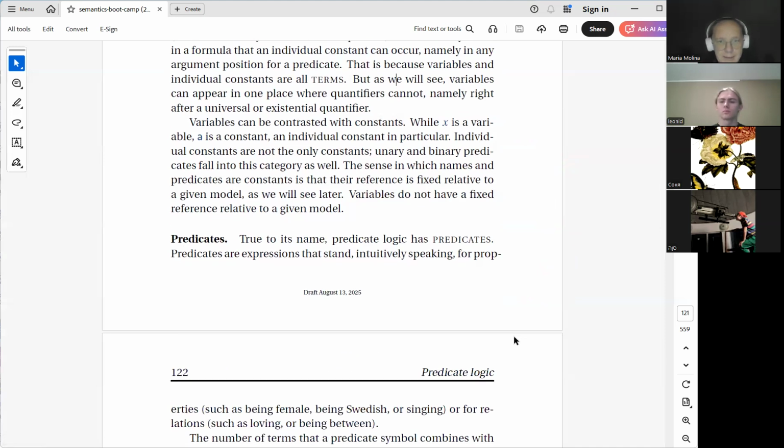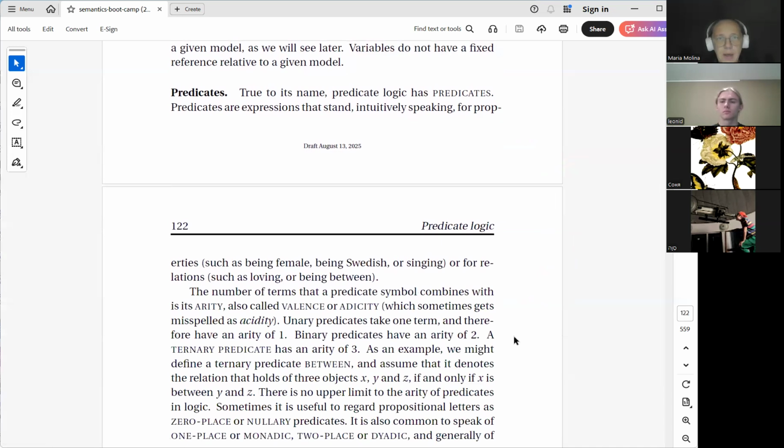Now, predicates. Predicates define properties. Being female, being Swedish, being white for an animal, for example, or my printer is white. It's a property of my printer. So we would say white.